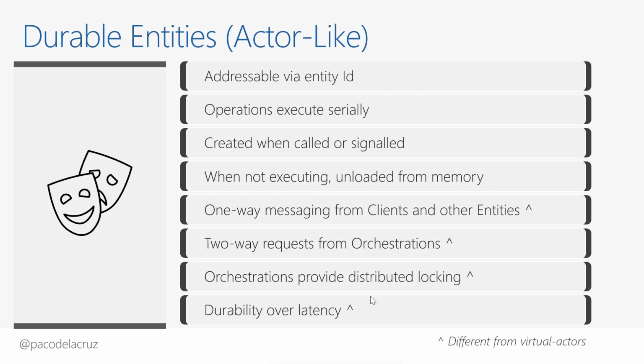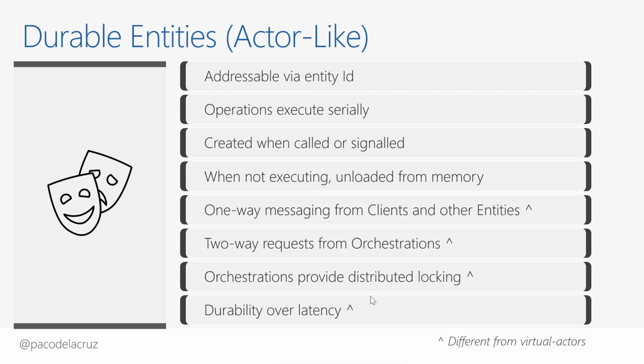Orchestrations also allow two-way requests, so not only signaling but also expecting a response from the entity. Other entities and clients can only send one-way messages to entities; in this case, it's like a signal.